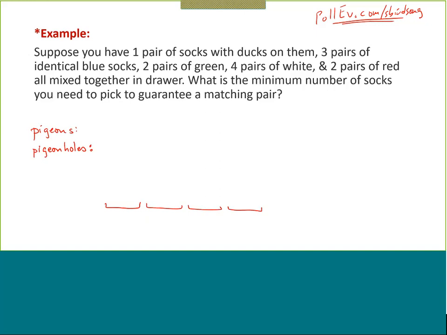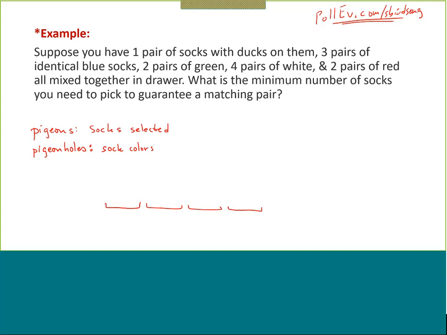Yeah, that would be a good thing. So the actual pigeons would be the socks that you select. So socks selected or grabbed or, as you wrote, drawn. Okay, so I'll just write sock colors, but yeah, sock types would be a good one too. So pigeonholes would be your different options of your different types of socks.